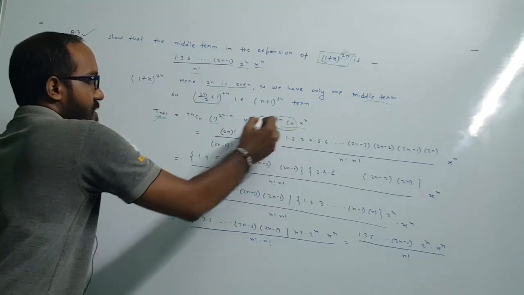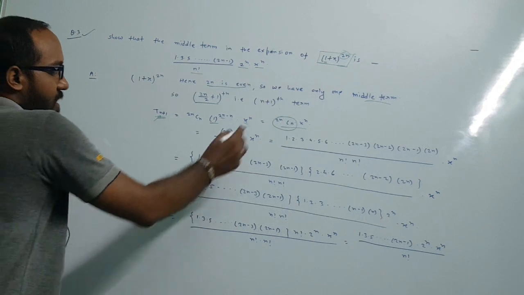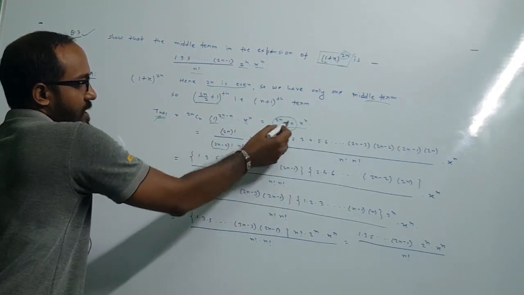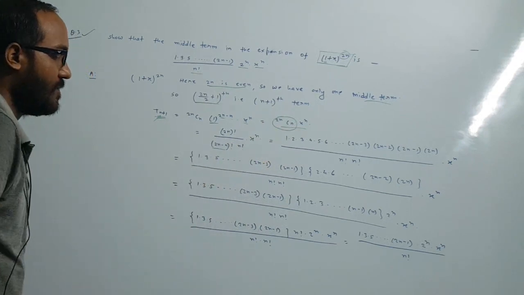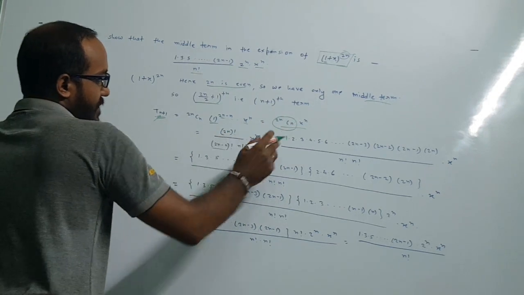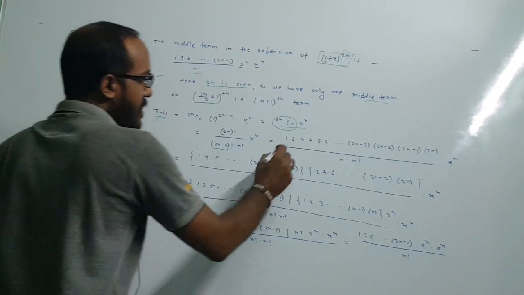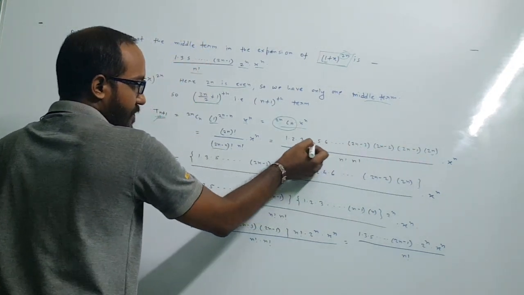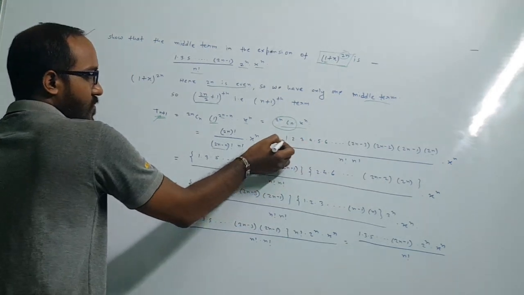Now simplify, break this thing. 2nCn is 2n factorial by n minus r factorial, that is 2n minus n factorial, into r factorial, that is n factorial. Now 2n factorial can be resolved as 2n, 2n minus 1, 2n minus 2, 2n minus 3 up to 6, 5, 4, 3, 2, 1.